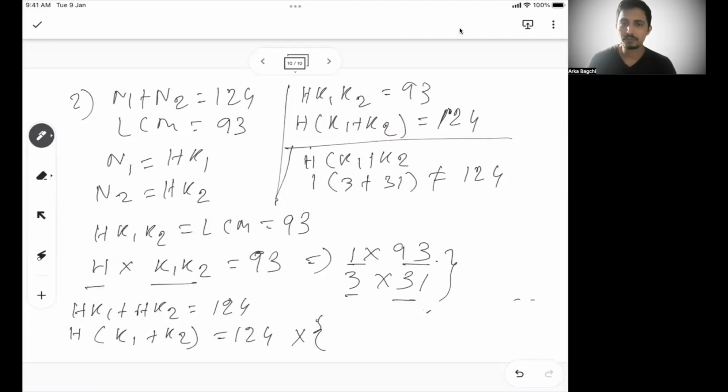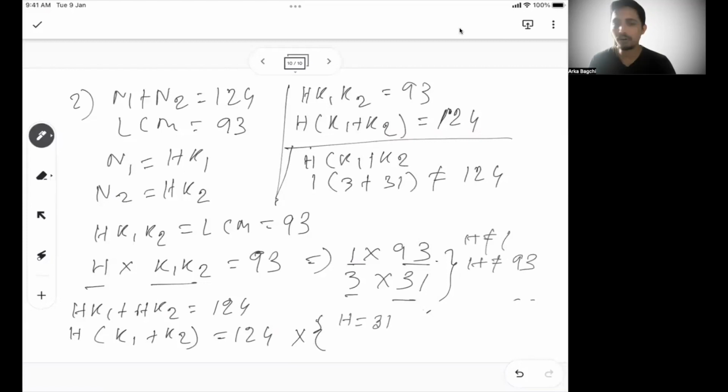And think this very carefully: H equal to 1 is not possible. So H cannot be equal to 1, that we have seen earlier.